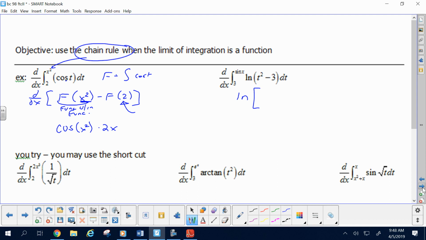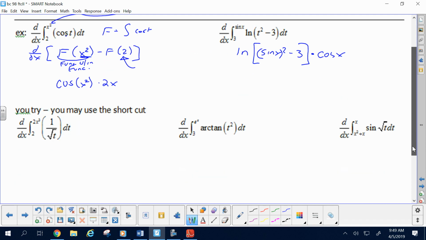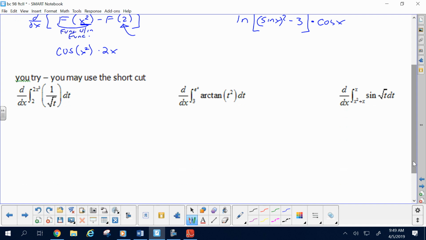Natural log of sine of x squared minus 3 times cosine of x for the chain rule for the derivative of the sine function. You follow? All right, try those three, please. And we'll move on to the second and pretty much unrelated.